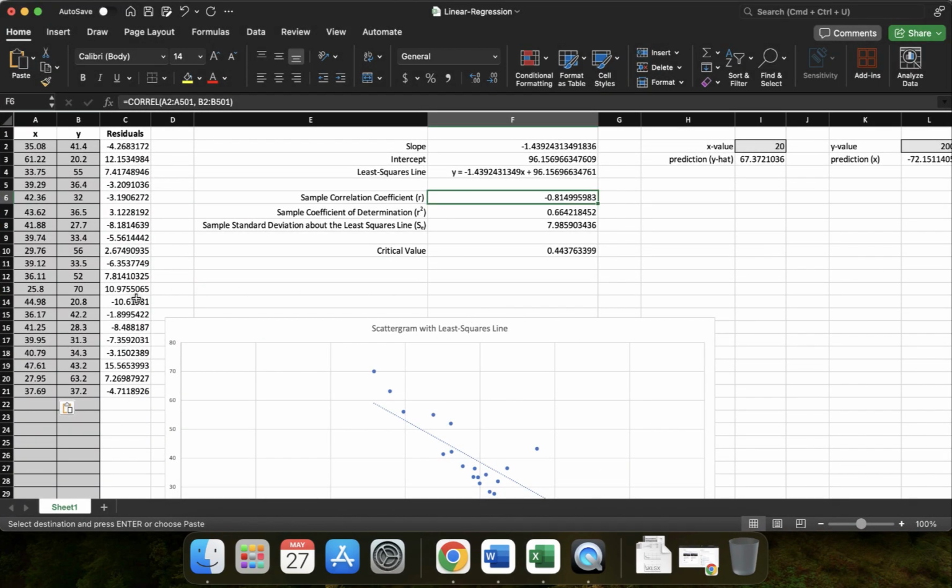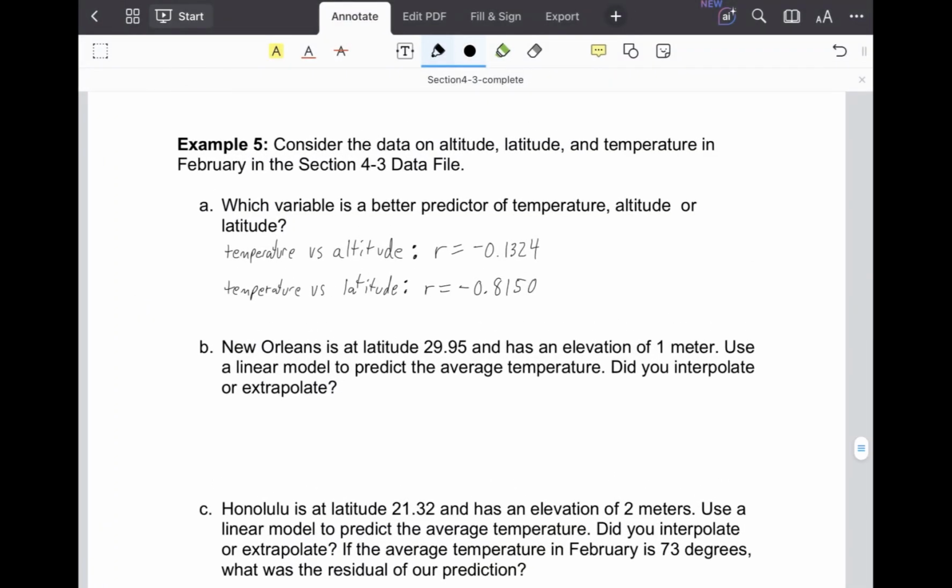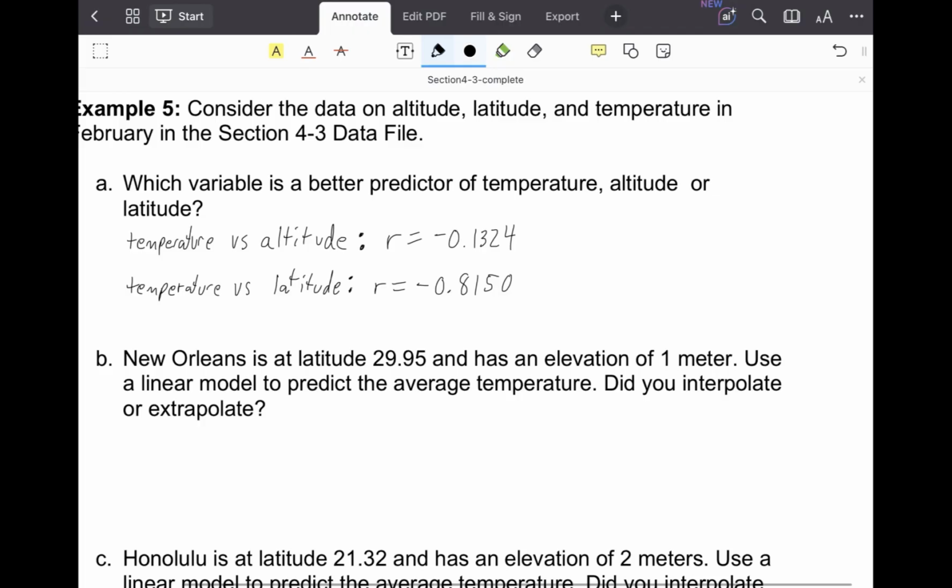temperature in February. Okay, so let me just show you what I wrote down on here. And we'd say which is better.